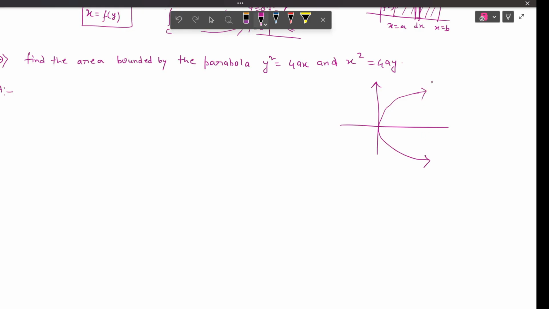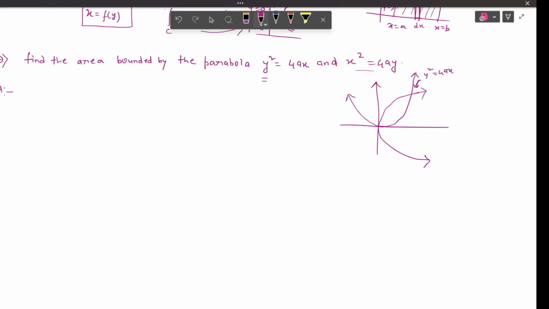This is your y square equals 4x curve, and there is another curve, also a parabola passing through origin, but the square is on x, so it is symmetrical about the y axis, and here we have y square, that means the graph is symmetrical about the x axis.